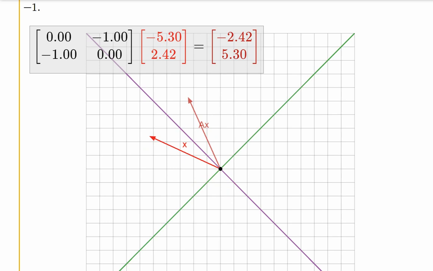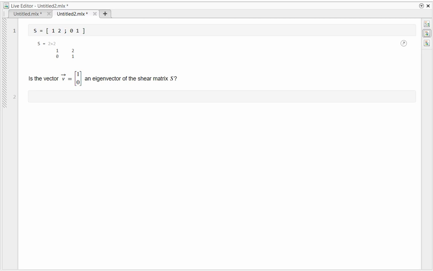So I'll just go through an example here next. In this example, the matrix S is a shear matrix. All it means is that we basically have the identity matrix with something additional going on. This is going to take the x component and shift it to the right because it's a positive shear. But that's not so important. The geometry is covered in the text. What we're going to do is just check whether or not v is an eigenvector, and all we have to do is multiply.